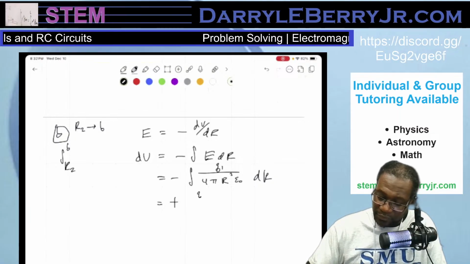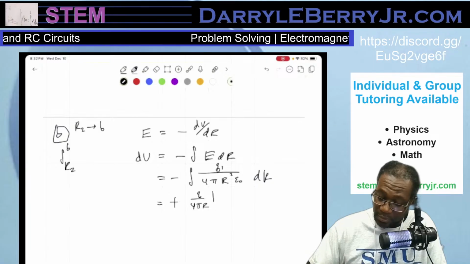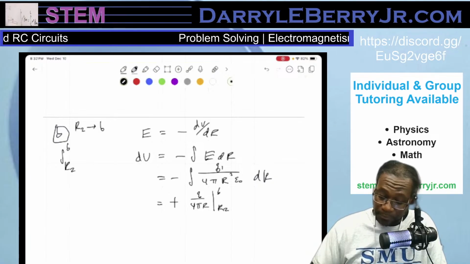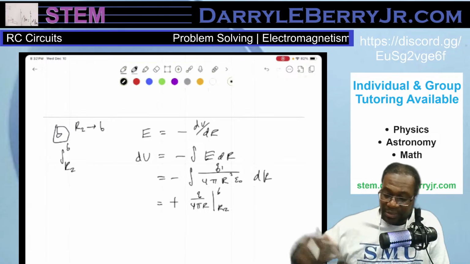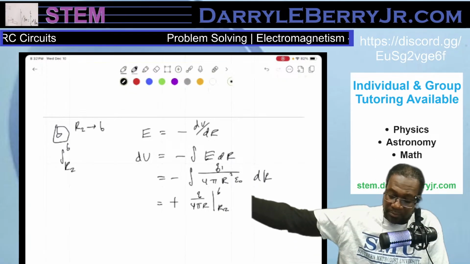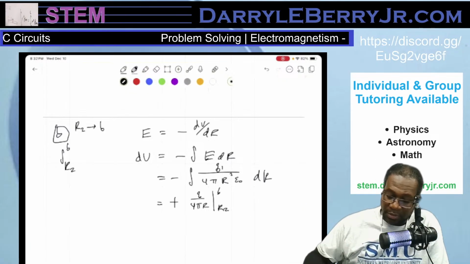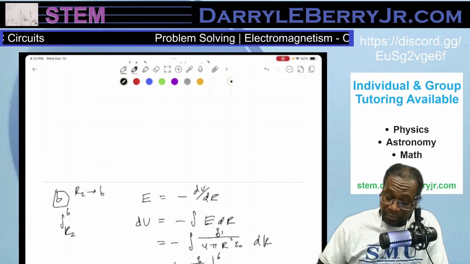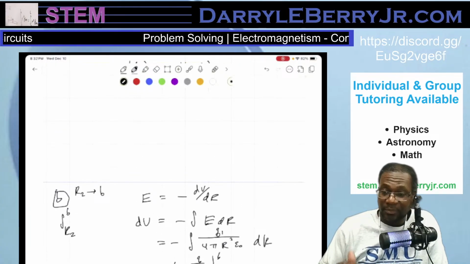So we should have Q over 4 pi epsilon, R between B and R2. So basically we're going from B down to R2. R2 is our endpoint.